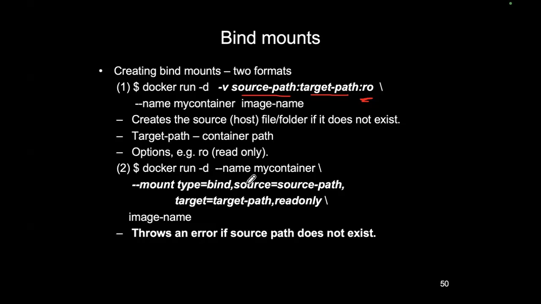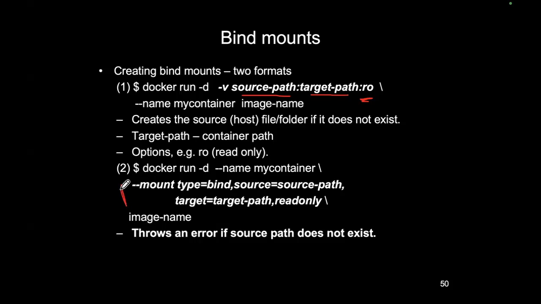Then comma, source, which you set to the source path name, comma, target equals the target path name, comma, and then any options. For the --mount form, we're a bit more explicit. One of the options is readonly. There's certainly more typing involved here, but it's more explicit as to what you're actually doing. So there are two ways of creating a bind mount.